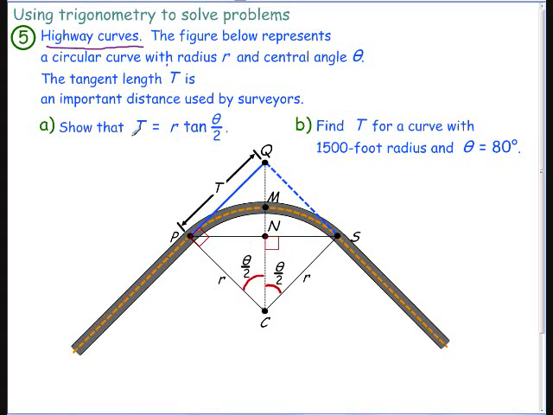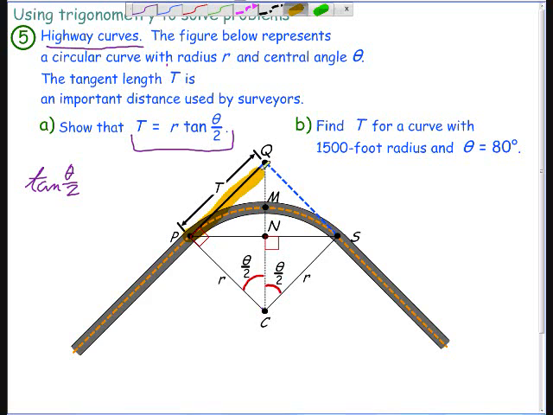So how can we show what t is equal to? Let's think what the tangent of this half angle would be. So we're looking at this angle here, which is part of a right triangle.